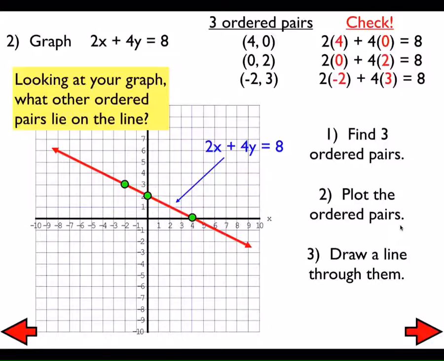So looking at this line, can you tell me another solution? What's another ordered pair that is on that line? 8, negative 2 is right here. That would work. Noah? Negative 8, 6. Negative 8, 6 is right here. That works. Anything else? Oh, negative 6, 5.